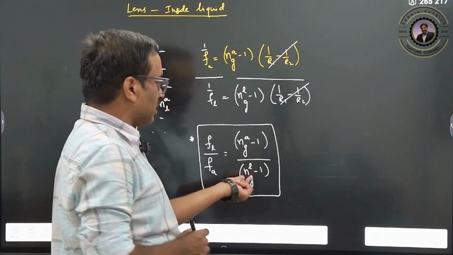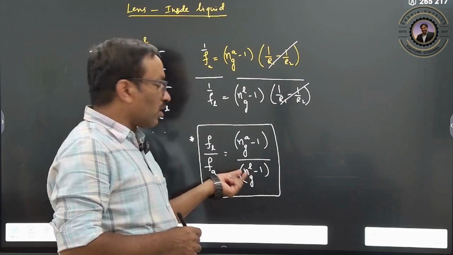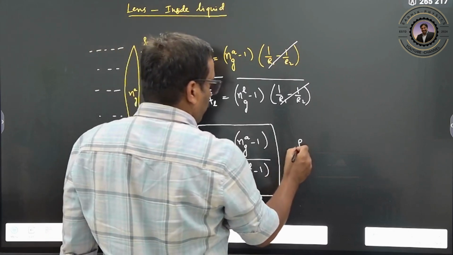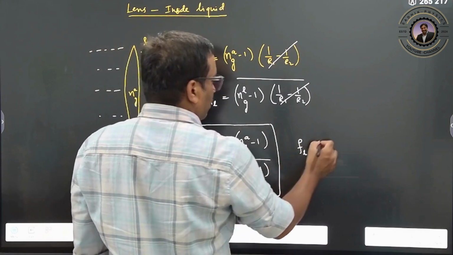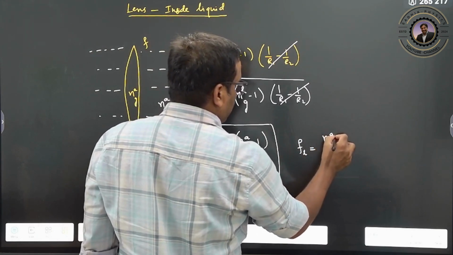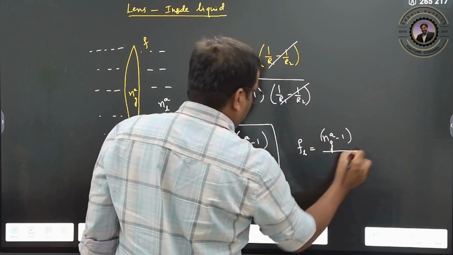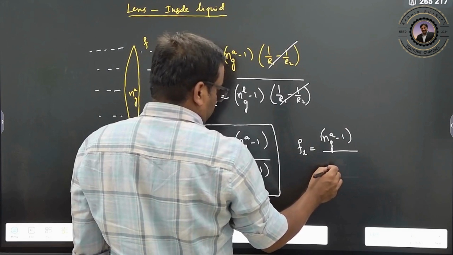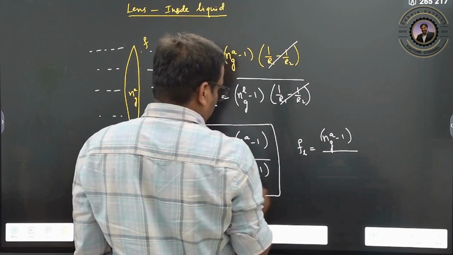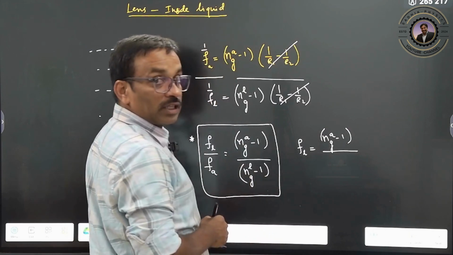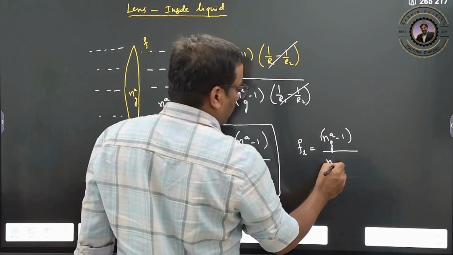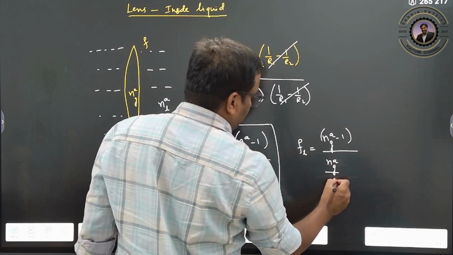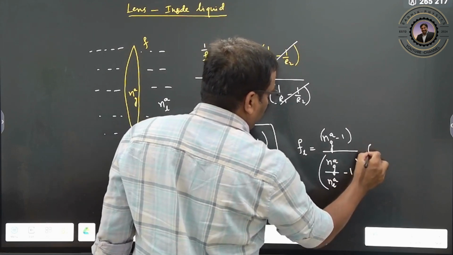So here this is relative refractive index. I taught you this in the refraction video, so please go through it. Therefore focal length in the liquid will be equal to refractive index of the glass with respect to air minus 1, by refractive index of the glass with respect to liquid minus 1. Therefore you can write refractive index of the glass with respect to air by refractive index of the liquid with respect to air, minus 1, into focal length in the air.